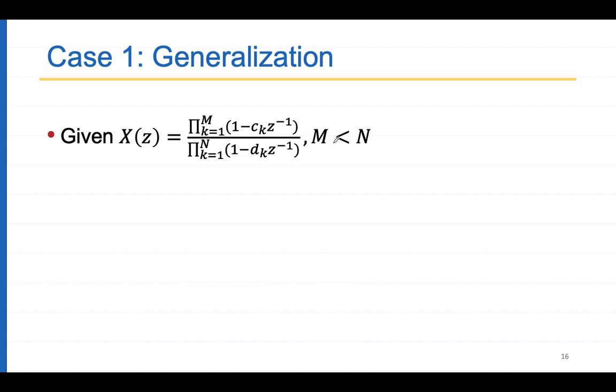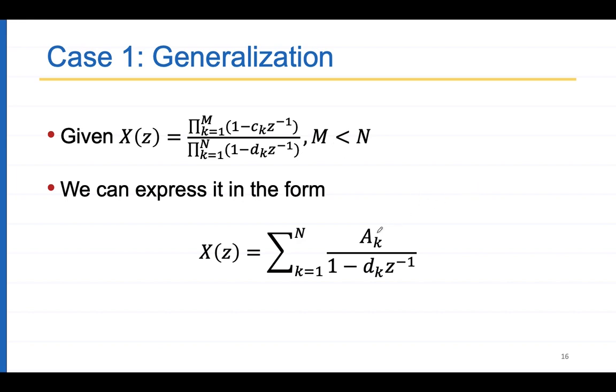This is the general form of what we saw with the example, and we can express it in the form of some coefficient A_k divided by 1 minus d_k z to the power minus 1.